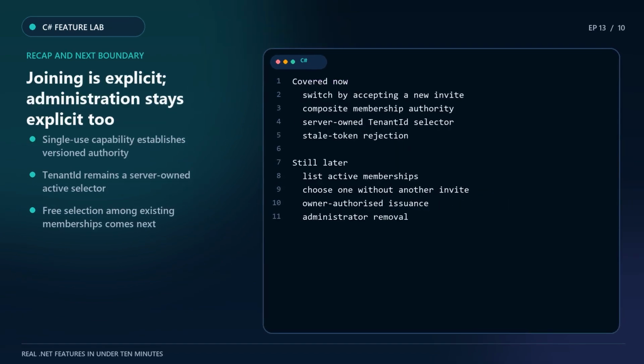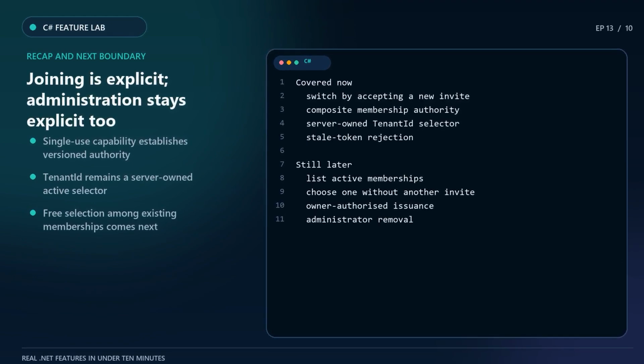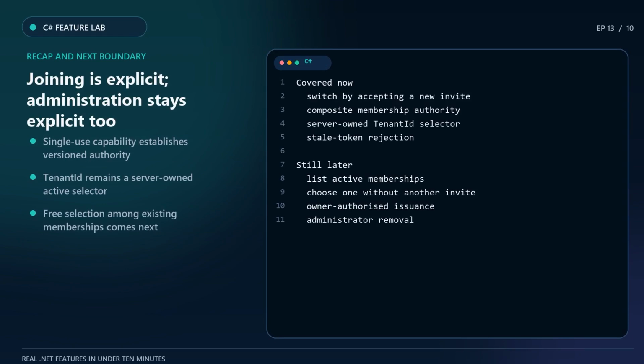We added explicit, versioned membership records without turning tenant ID into client input. A single-use invitation resolves the tenant, unique normalized email and expiry from stored state. Acceptance validates the live identity stamp, hashes the bounded code, creates or reactivates the composite membership, updates the server-owned selector, rotates both identity stamps and consumes the invitation atomically.